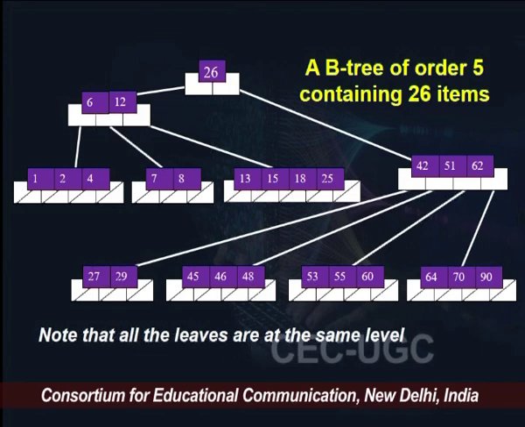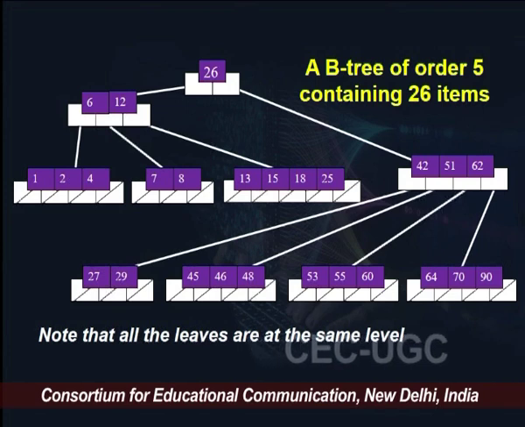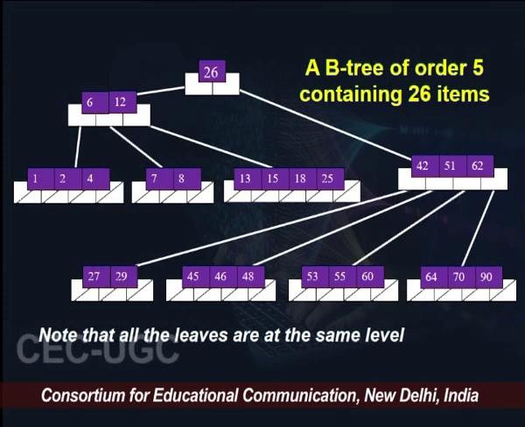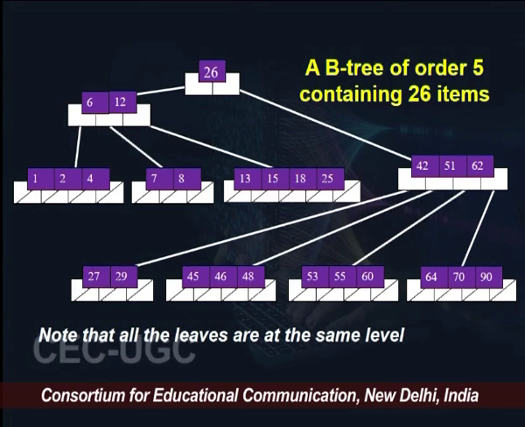On the left of 6, at the third level, we have 1 to 4, between 6 and 12 we have 7 and 8, and on the right side of 12 we have 13, 14, 18 and 25. Similarly this goes with 42, 51 and 62, which are the keys of the node on the right side of the root value, which is 26.